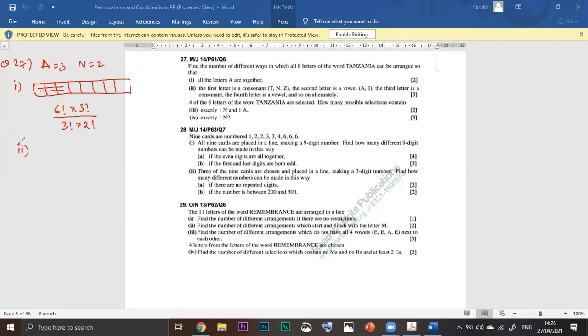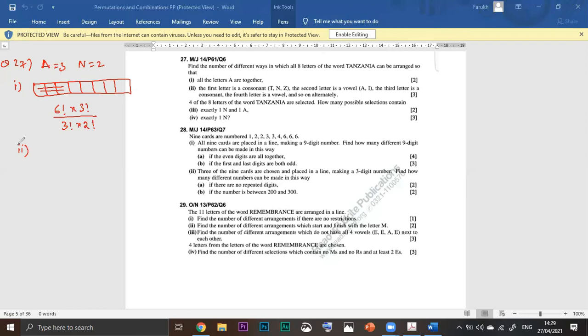Sorry sir, please repeat. All the letters A are together. We will place 3 A's in the first 3 boxes and we will combine all 3 A's. Now there are 5 single boxes and 1 combined box containing all the A's.